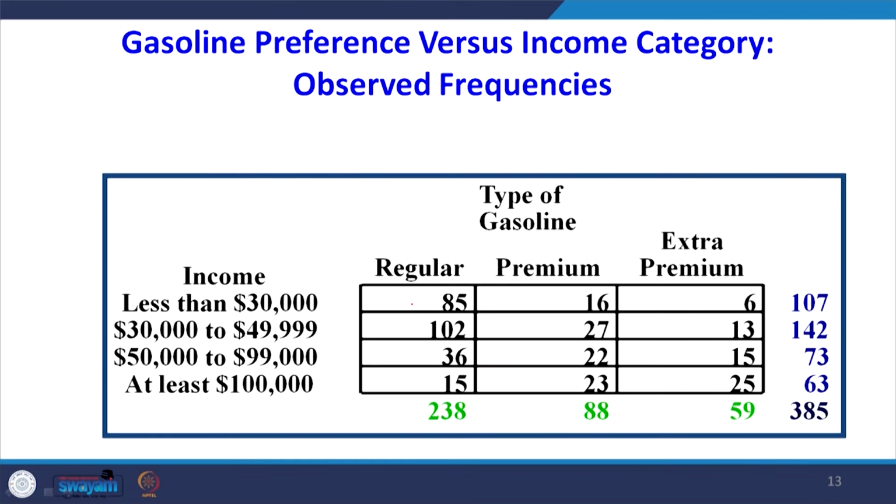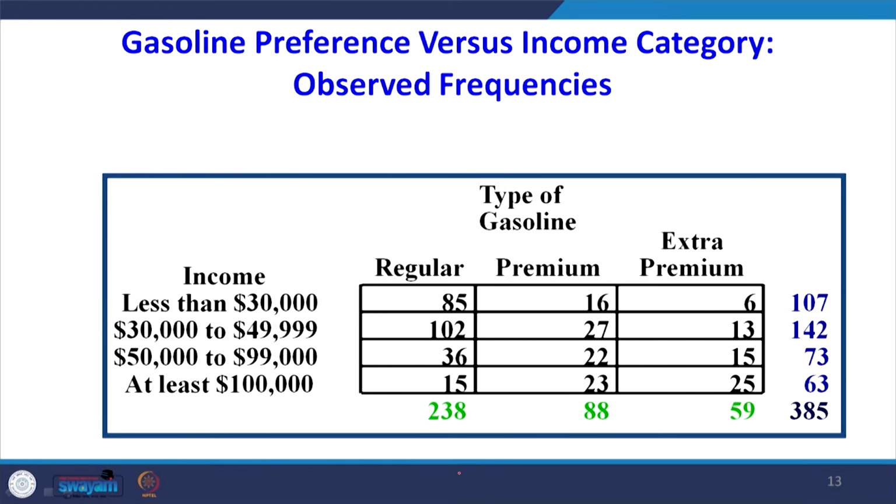This was the data given. The value inside each cell is called the observed frequency. So what is the meaning of this 85? Those who have income less than $30,000 have gone for the regular type of gasoline. What is the interpretation of this 16?